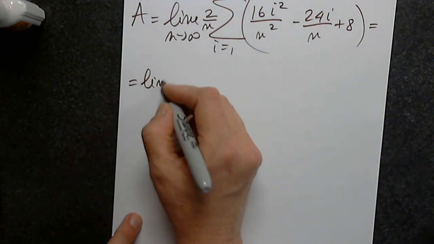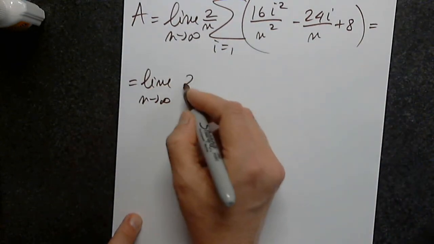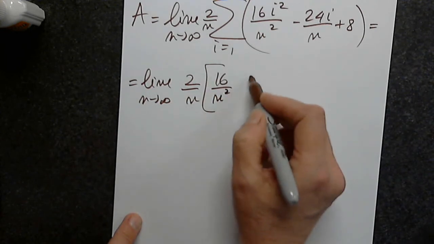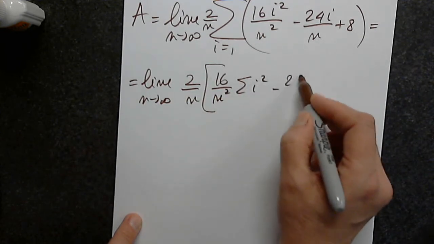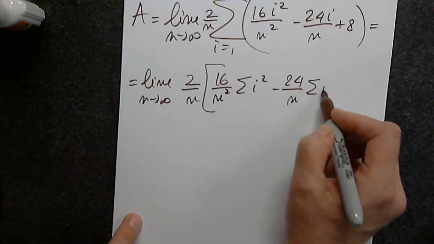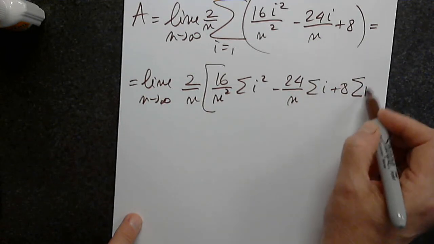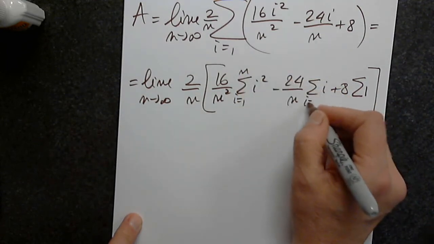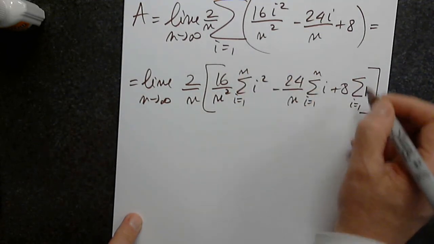It's the limit as n approaches infinity of 2 over n, times 16 over n squared, the sum of i squared, minus 24 over n, the sum of i, plus 8, the sum of 1, each from i equals 1 through n.